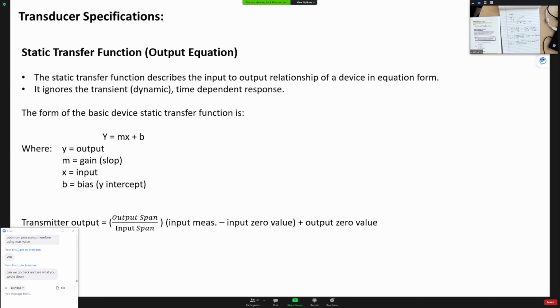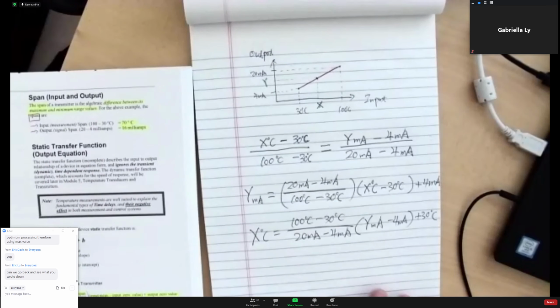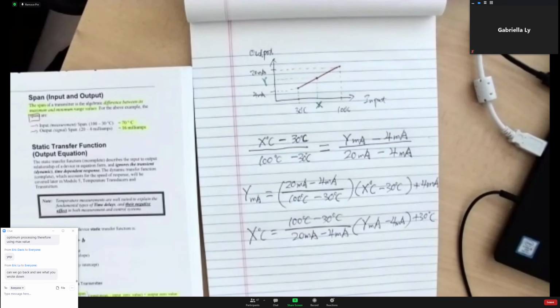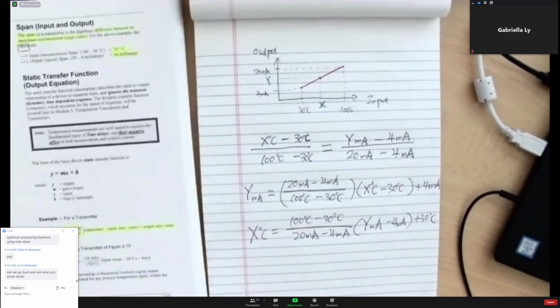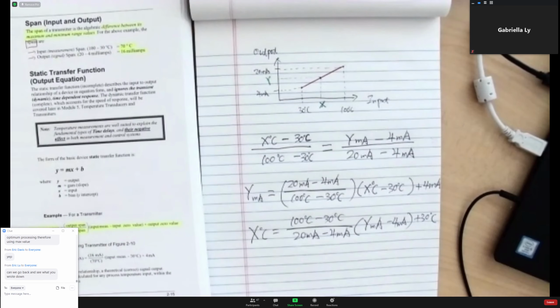So here's what I wrote down. I tried to do the transposing step by step, but the book gives you a general formula, and you can use it.